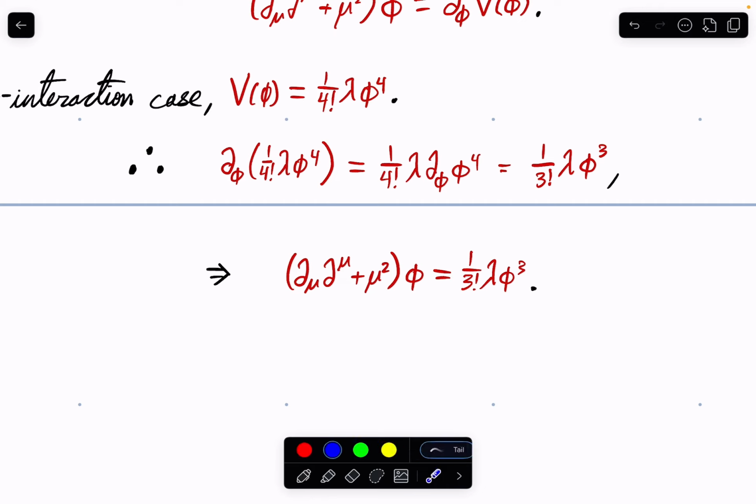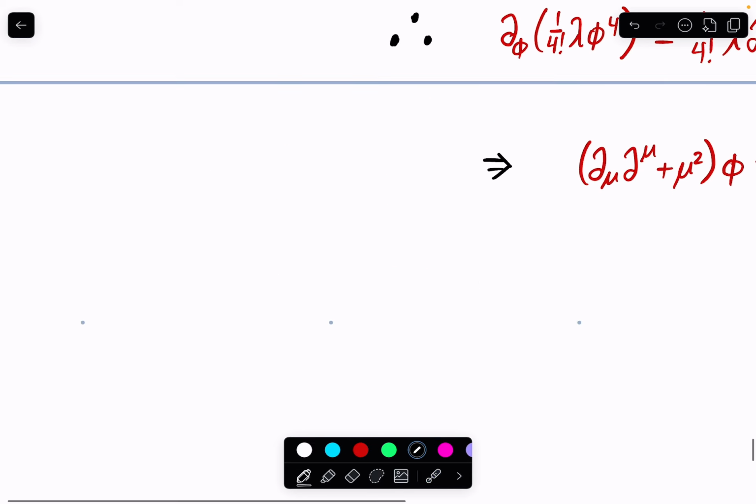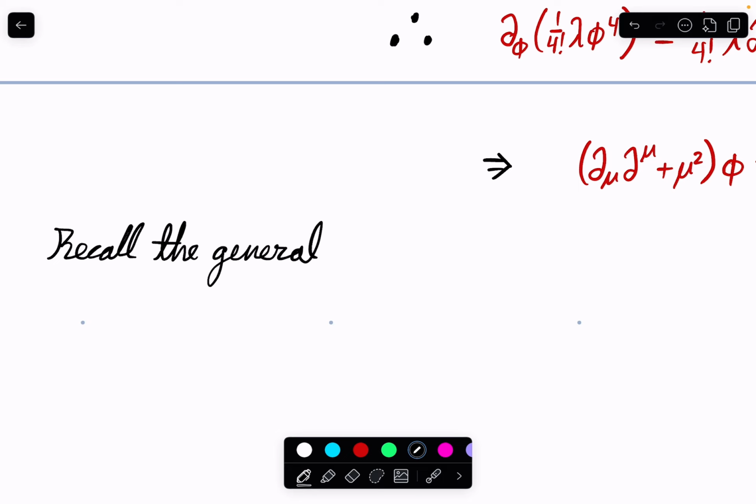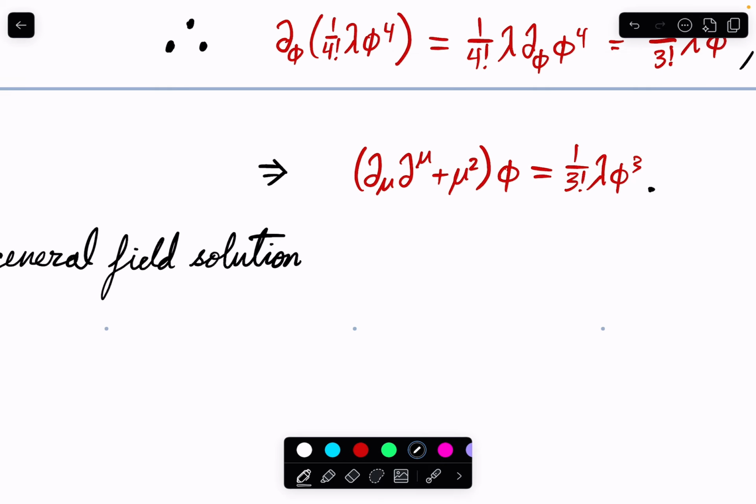Now, this is going to require us to use the general field solutions, where we sum over interaction terms in all possible locations in space. So recall, we're using a lot of the phrase recall. Recall the general field solution for the inhomogeneous Klein-Gordon equation.